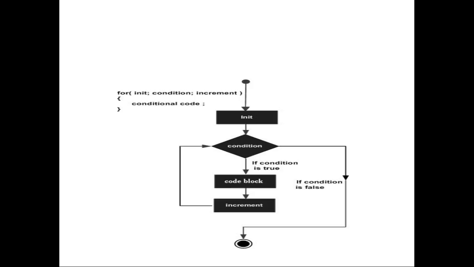If our condition is true, then it will come into the code block of the for loop and just increment, and then return back to the condition, until our condition is false. If our condition is false, then our control flow will go out of this loop.